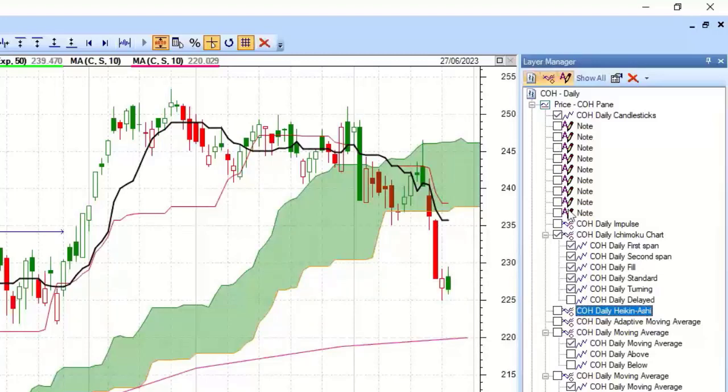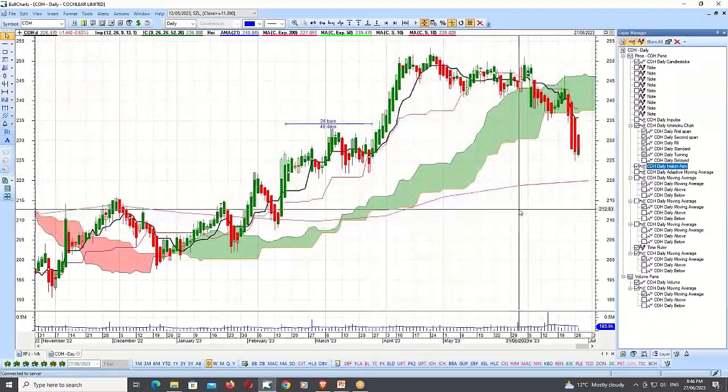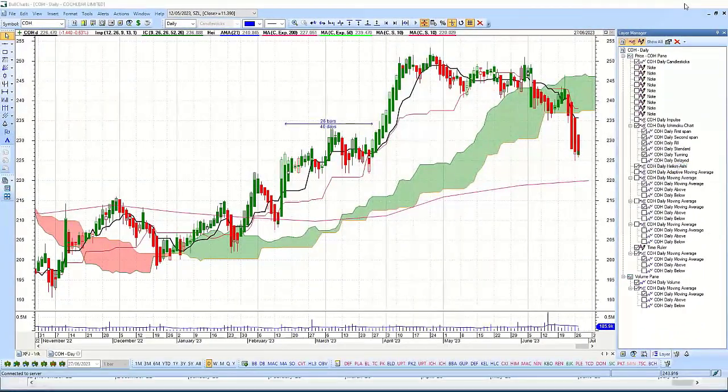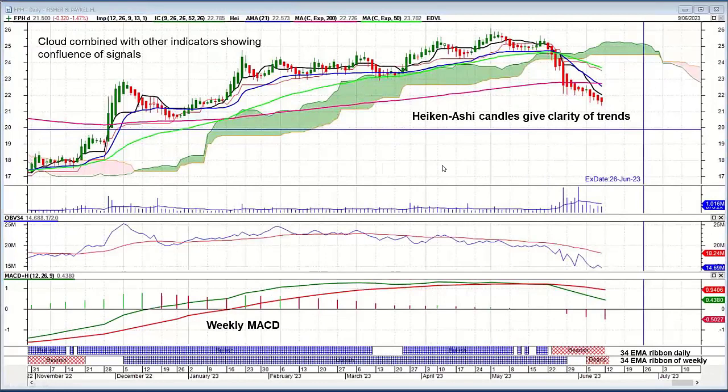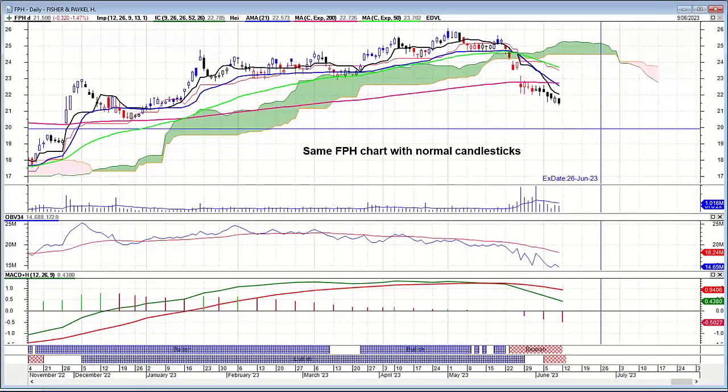But again, it's not something you have to use, just pointing out that you can use both on Bull Charts, and it does make it much easier to read. Okay, and the point of all of this was, do we really need all those indicators when we can get the same information from a Heikin-Ashi on an Ichimoku cloud?